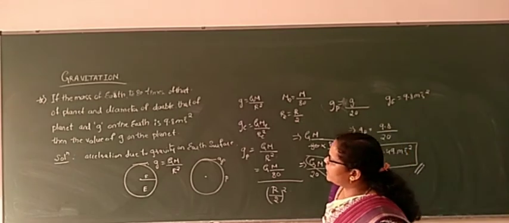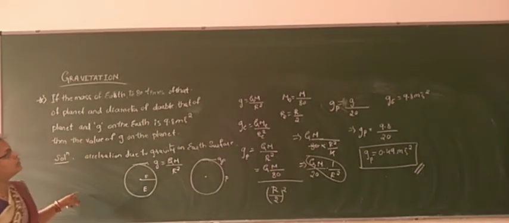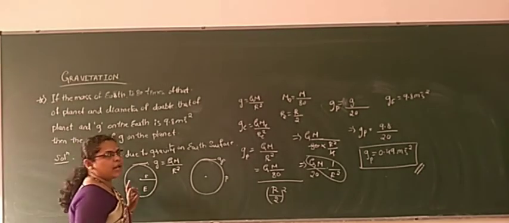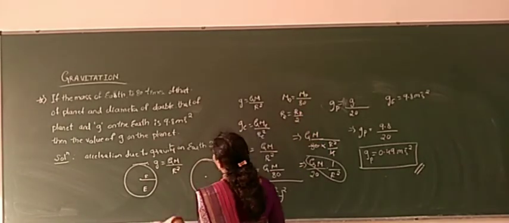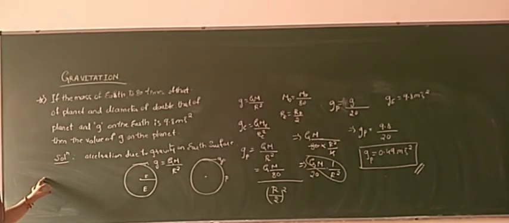So what is given here? If the mass of the earth is 80 times that of the planet, that is nothing but the planet P here, with radius half, that is, the diameter is double that of the planet. The acceleration due to gravity on the surface of the earth is 9.8 meter per second square. Then the value of g on the planet.